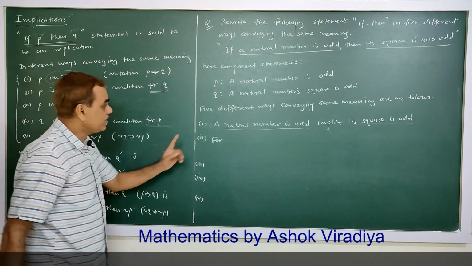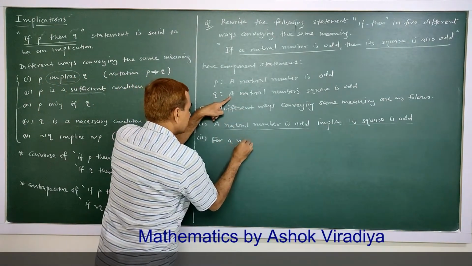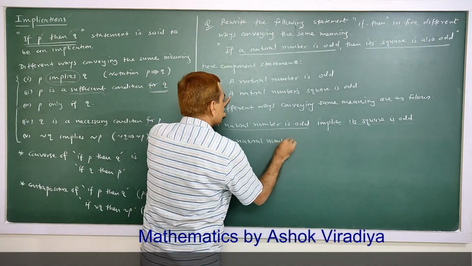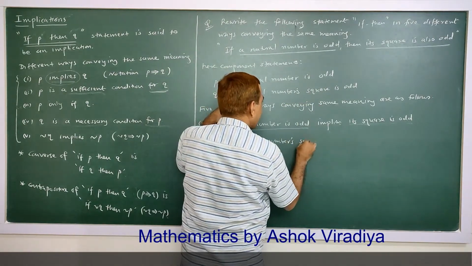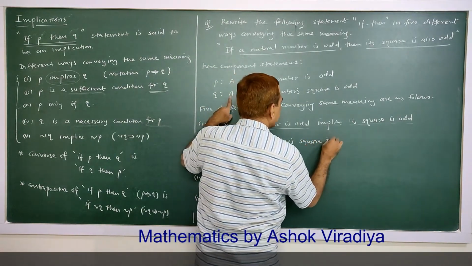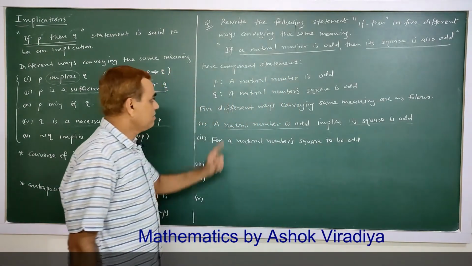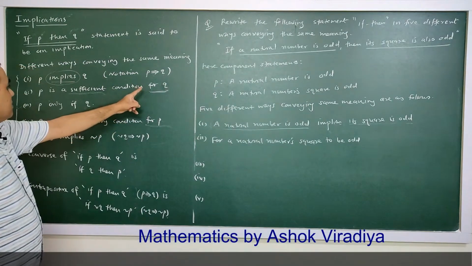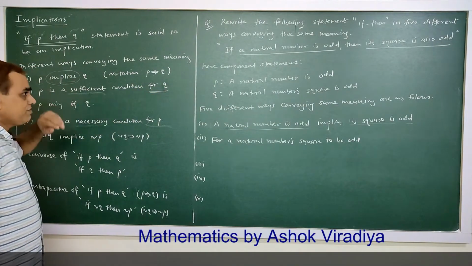For Q, that means for Q. So for a natural number's square to be odd, for Q, P is a sufficient condition.